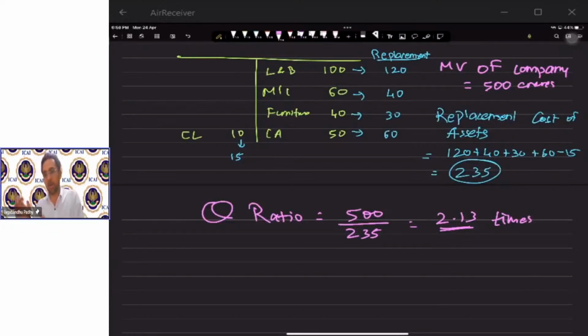Market value is more than the current replacement value of the assets. If you want to buy similar assets now, you need to pay less. The market value of the share is higher. So this indicates some sort of overvaluation. The higher these ratios, the more they indicate overvaluation.